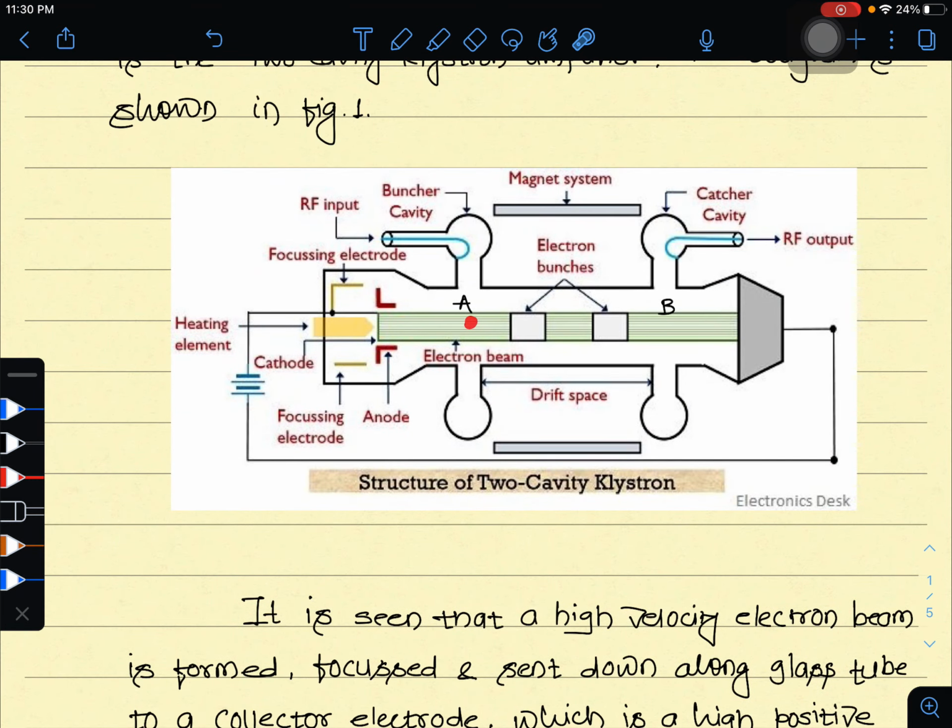That means the electrons passing through that gap are allowed to drift freely, without any influence from the RF field, until the electron beam reaches point B.